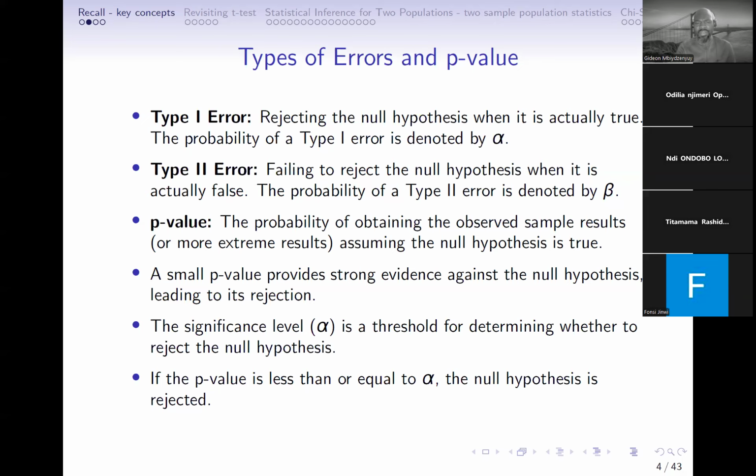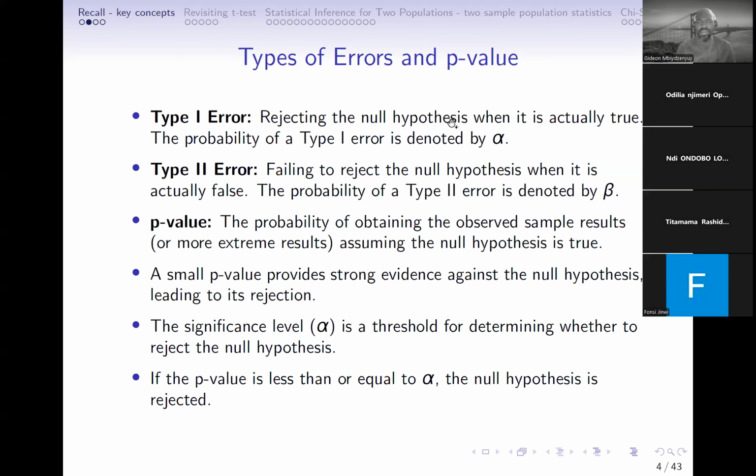We could also run into a situation where we fail to reject the null hypothesis when it actually shouldn't be accepted.